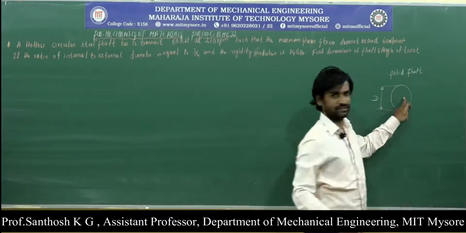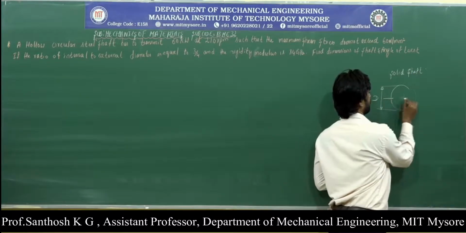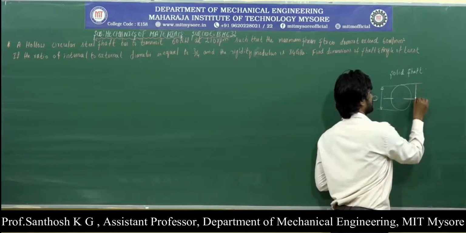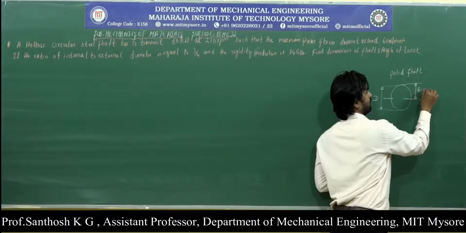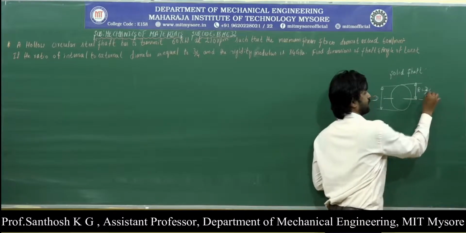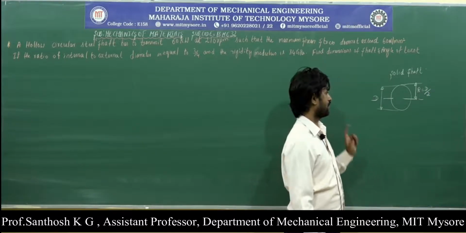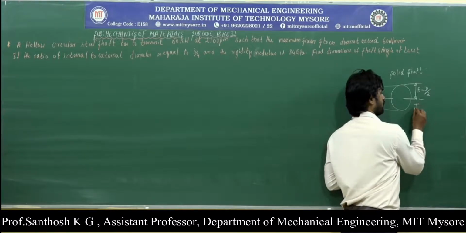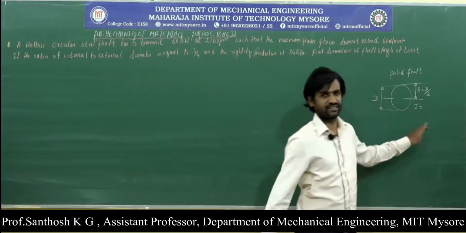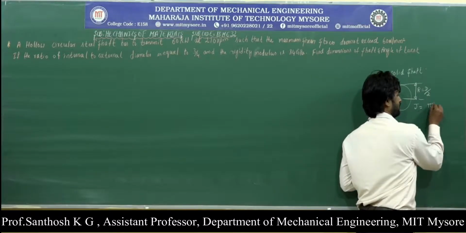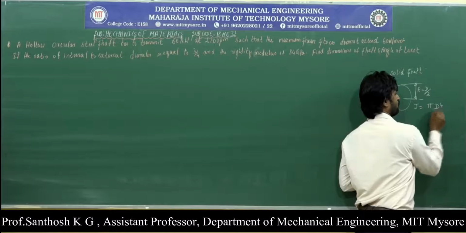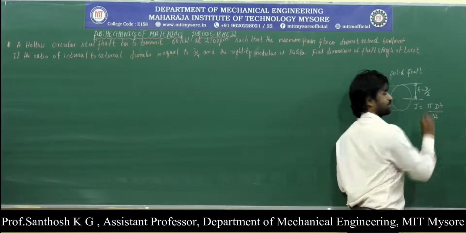In order to find the value of R, which represents the radius, it will be equal to D divided by 2, and the polar moment of inertia J for the solid shaft is pi d to the power of 4 divided by 32.